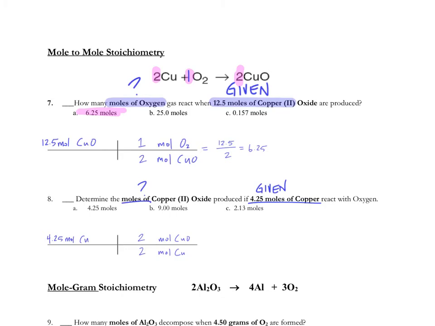So 4.25 times 2 divided by 2 is just 4.25. So essentially these 2's cancel out, and I'm left with 4.25 as my answer, which is answer choice A again.